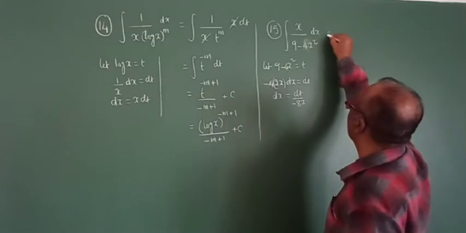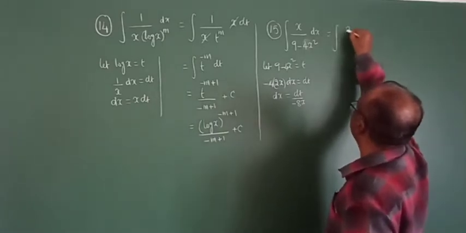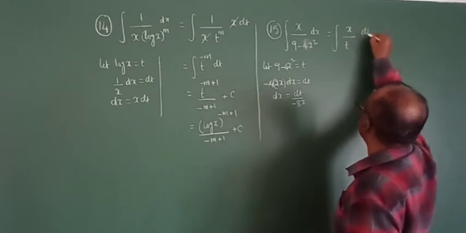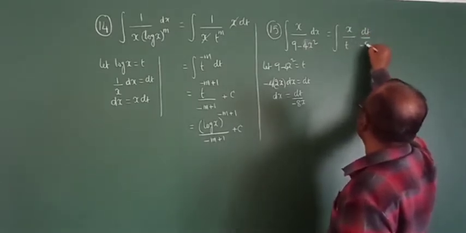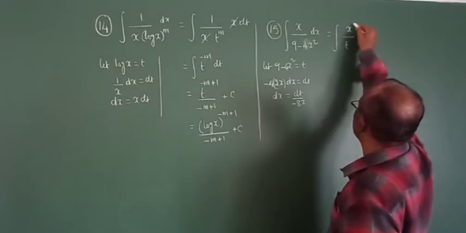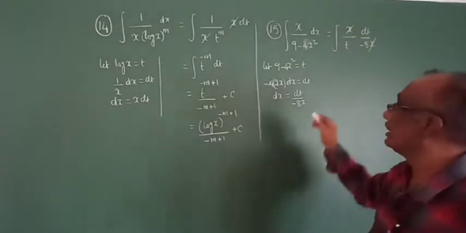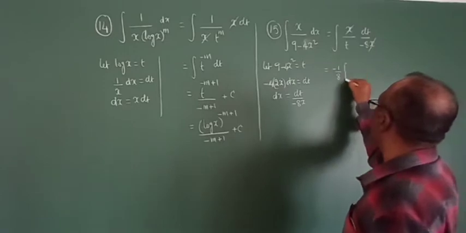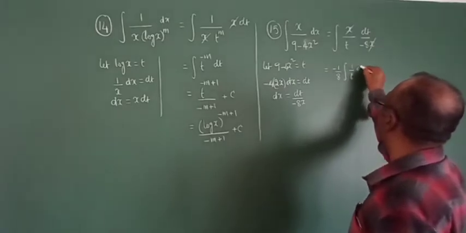Write down, everyone: integral of x, the denominator is t, dx is dt by minus 8x. The 8x term should be cancelled, the constant taken outside: minus 1 by 8, integral of 1 by t into dt.